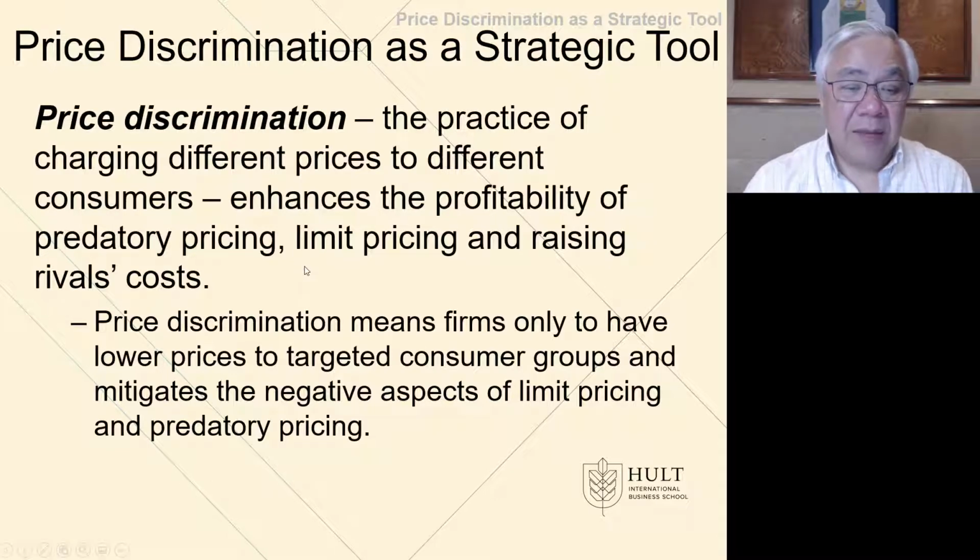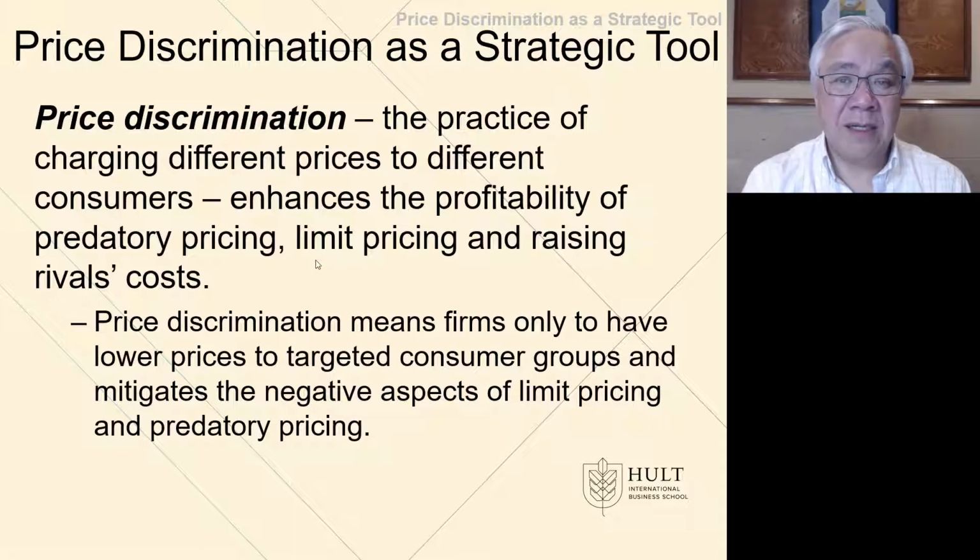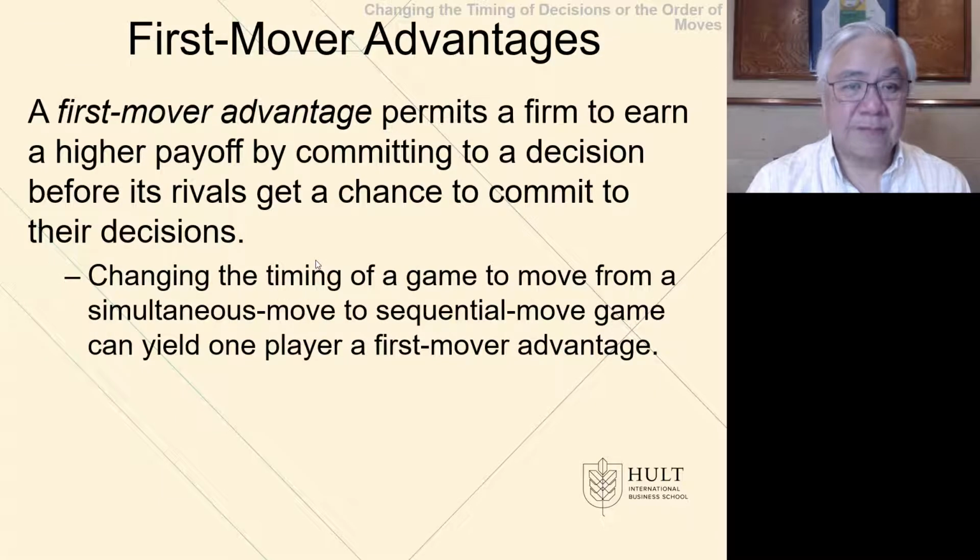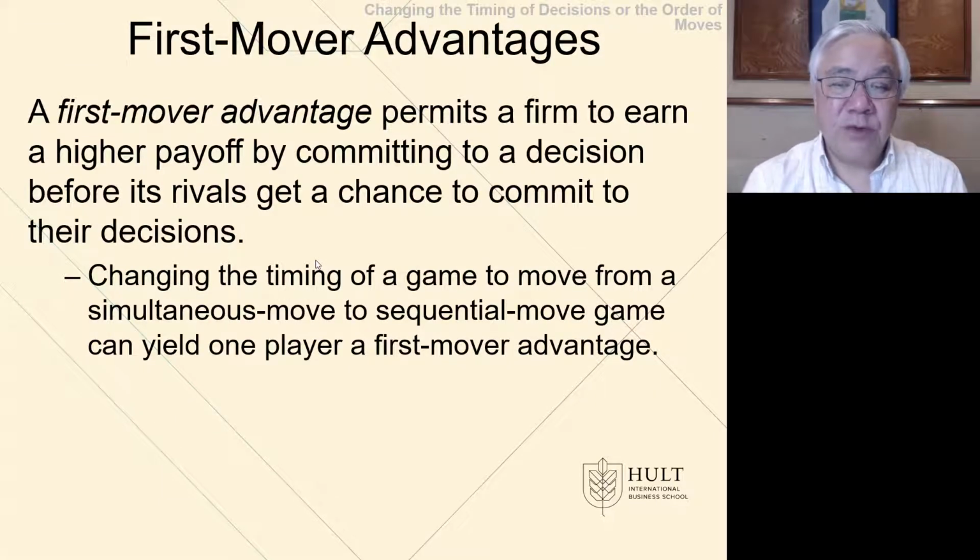So if we're able to engage in price discrimination, such as targeting our rivals' customers, then we either take away their business or make those accounts they win at a very low price, therefore less profitable to them. We're mitigating the effects of the limit pricing lowered profits. And that's a tool of price discrimination, which you can see can be used in combination with any of the other prior strategies.